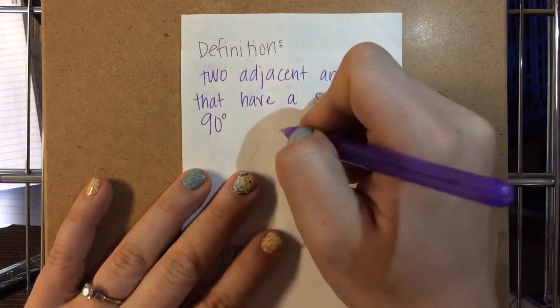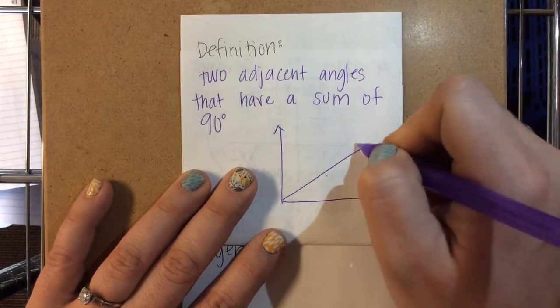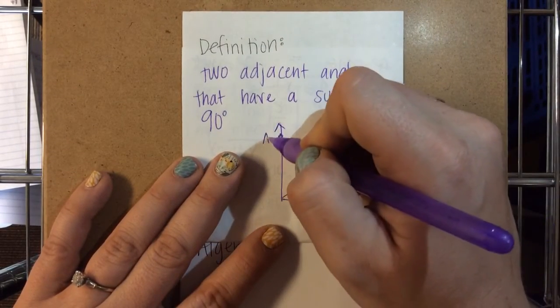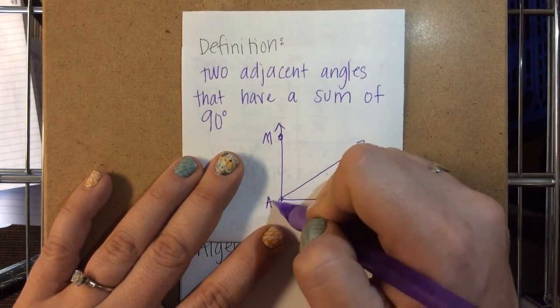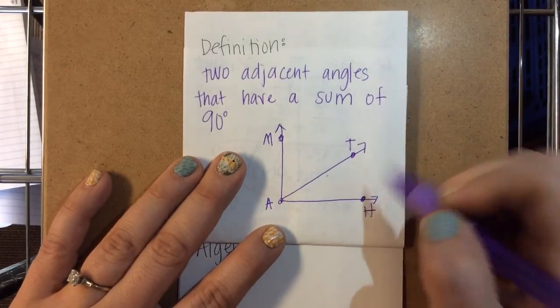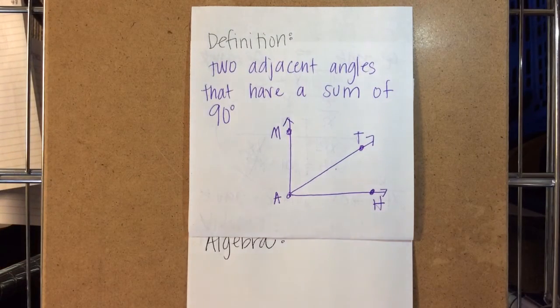So let's draw a picture. MAT is my first angle, and TAH is my second angle.